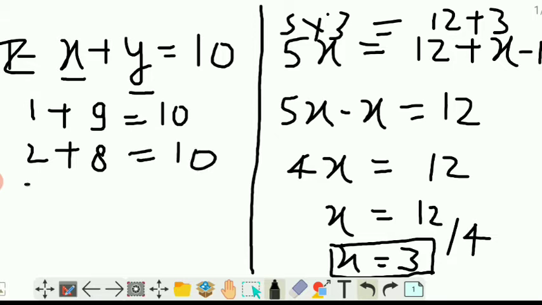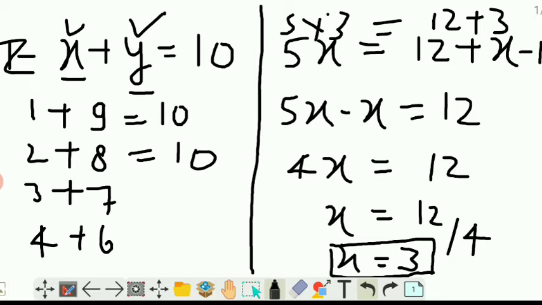Also 3 plus 7, also 4 plus 6. These many conditions are possible. It means a linear equation in two variables has an infinite number of solutions. I think now the case is clear.